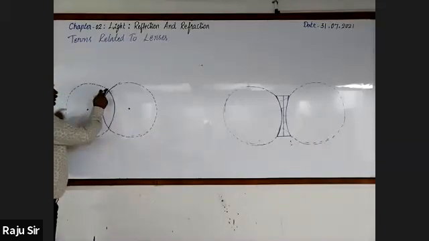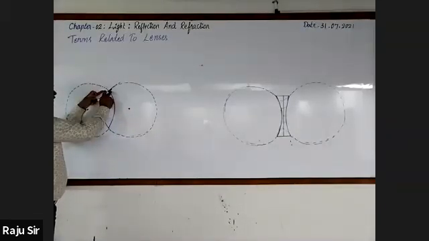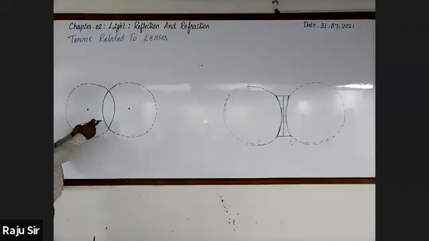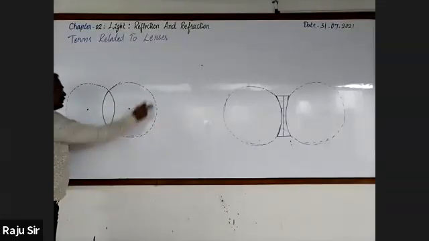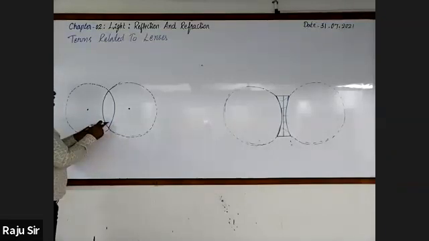Clear? The definition is so simple: the centers of two imaginary spheres of which the refracting surfaces of a lens are the parts.